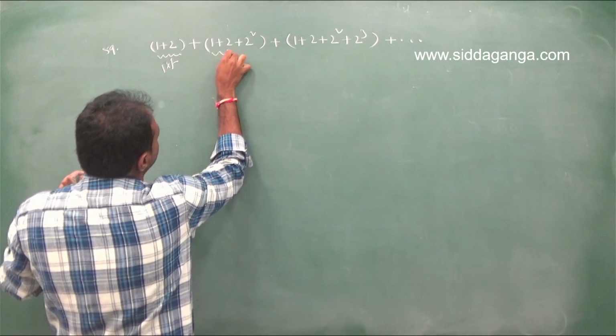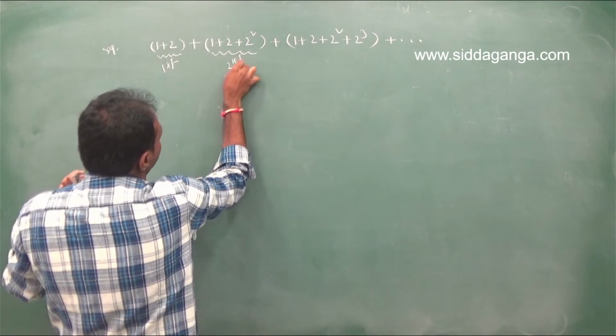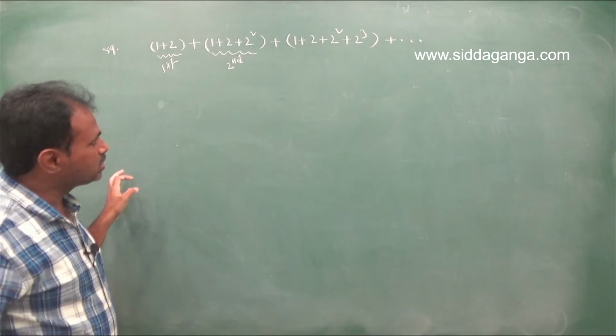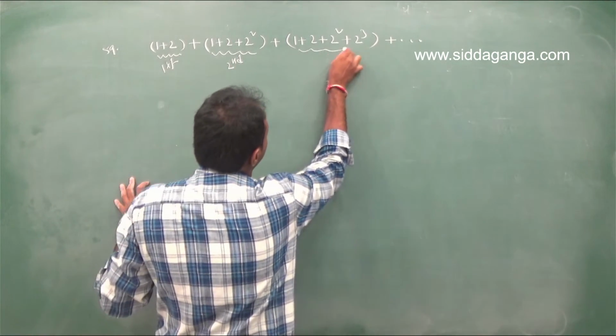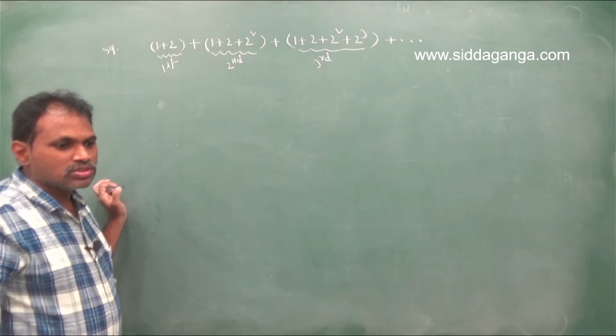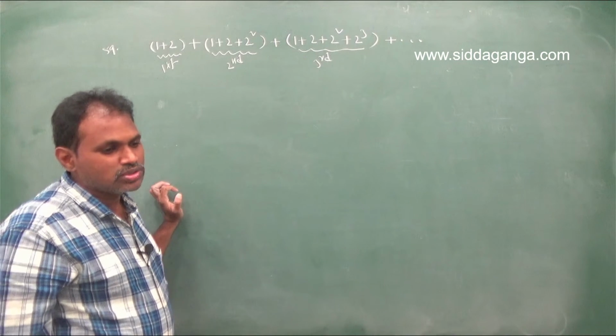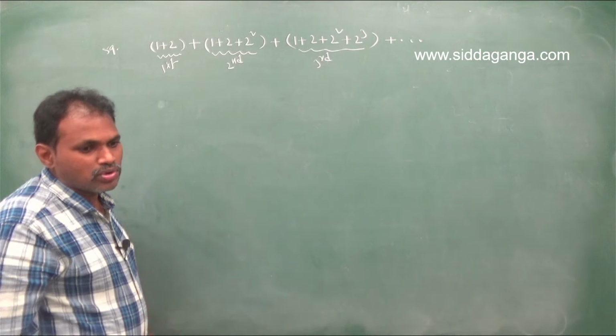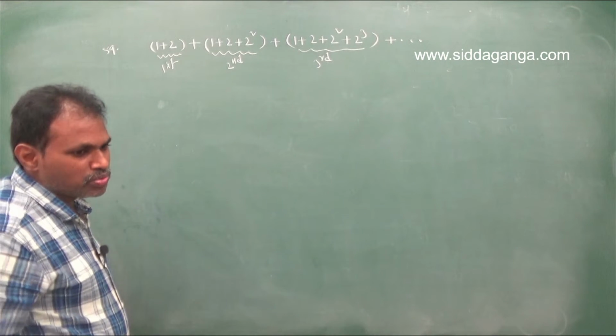This problem we can solve by using the options, since we have to find the sum up to n terms.